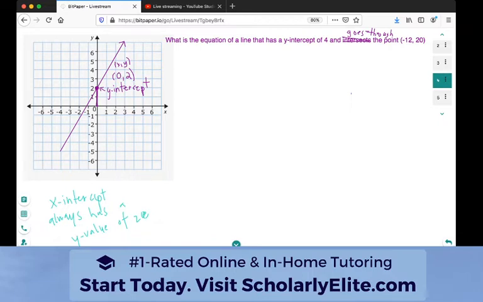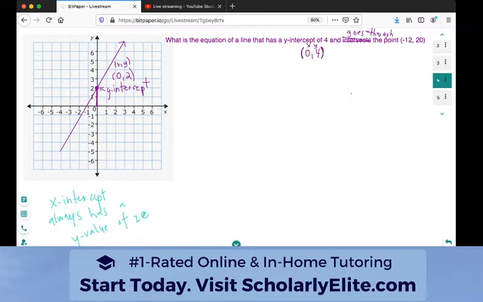Remember that whenever we've been given a y-intercept, we actually know the point that exists there. At every y-intercept, the value of x is going to be 0. So this is the ordered pair, x and y, where the y-intercept exists.